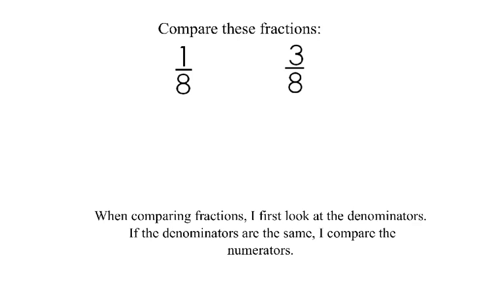All right, well, I see the denominators both have 8 in it, so that's a good spot. I see that 3 is bigger than 1, right? So I know 1/8 is less than 3/8.